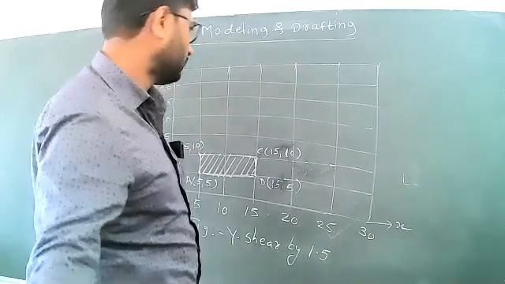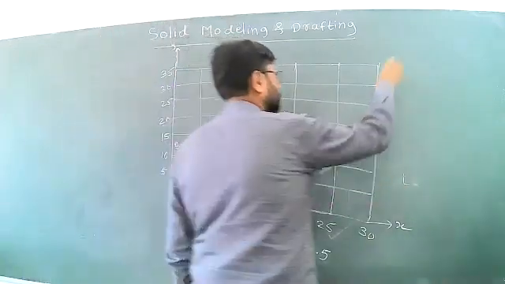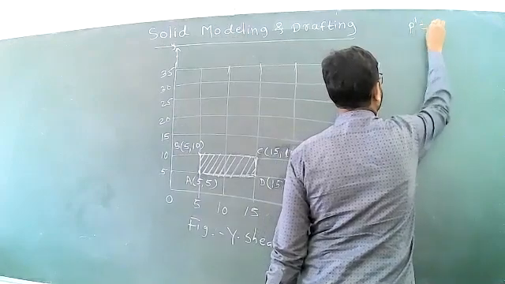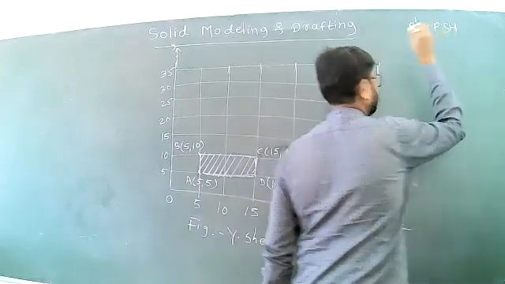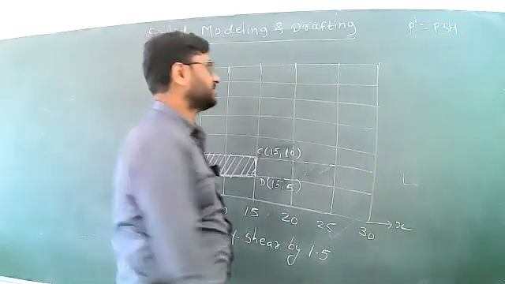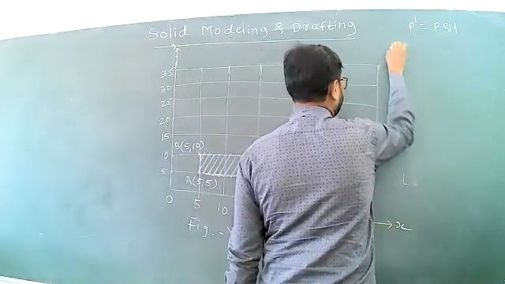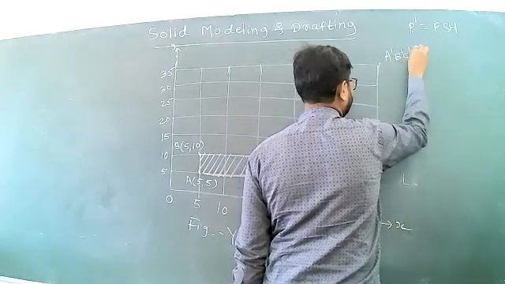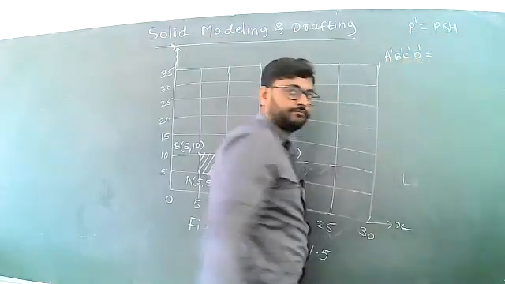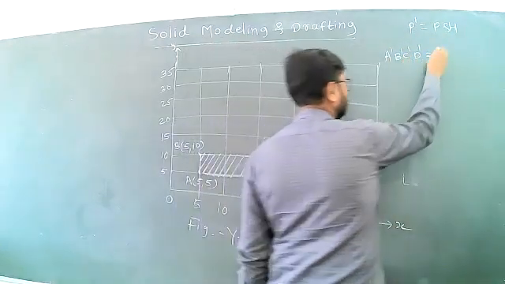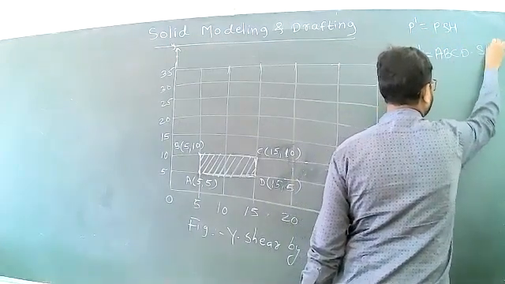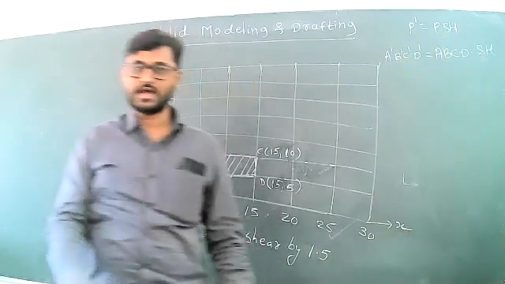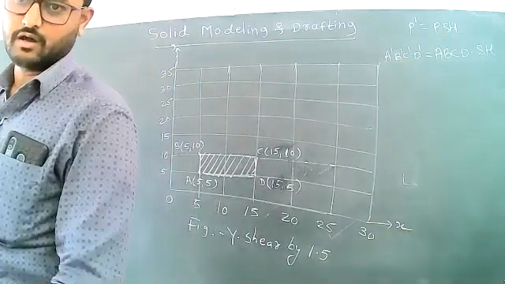We have the equation for shear, that is P dash is equal to P into SH. Here we have to consider the rectangle A dash, B dash, C dash, D dash, which is equal to A, B, C, D into SH. SH means shear.